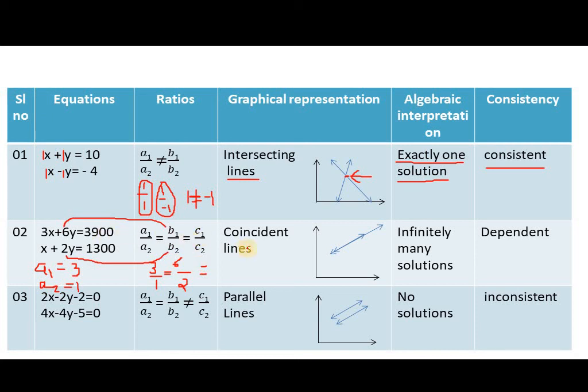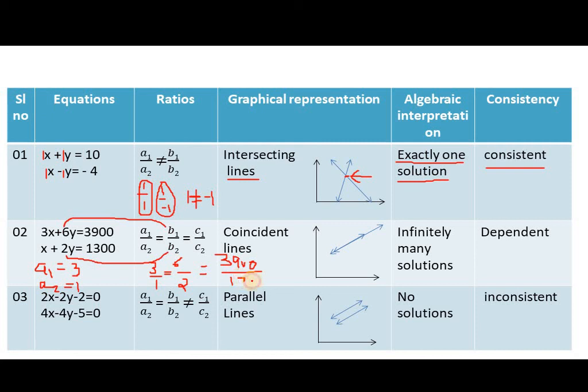What is c1? c1 is 3900, divided by c2, which is 1300.